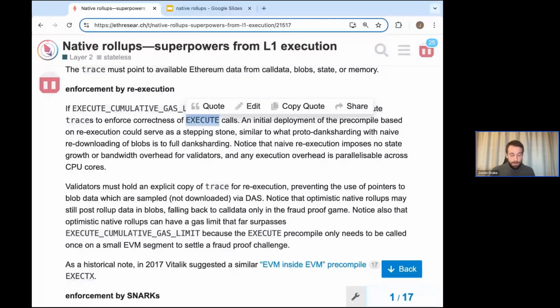But the good news is that this execution can be parallelized. More often than not, when you're running an EVM node, the EVM state transition is run on a single core, because it's a single threaded process. And so here we can make use of the parallelism, which is currently most of the time not used in Ethereum nodes.